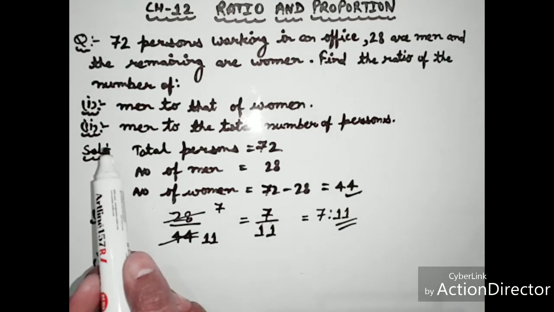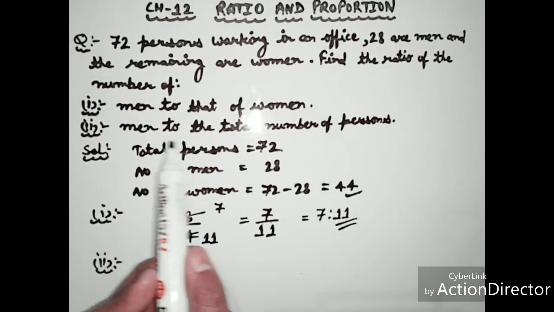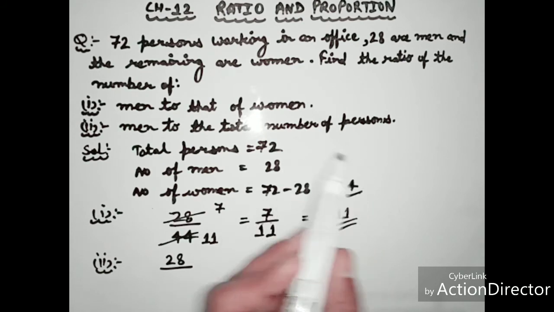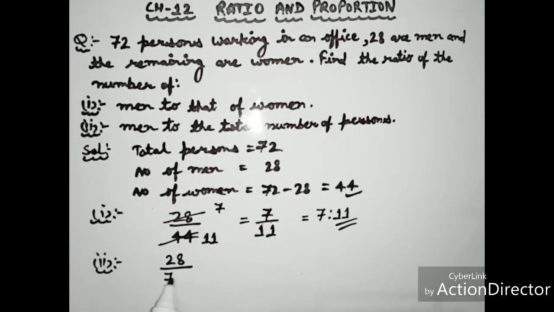Now in the second part we find the ratio of men to the total number of persons. Now the number of men is 28 and the total number of persons is 72. When we divide these two numbers by 2 we get 14 and 36. Then again we divide these two numbers by 2, we get 7 and 18.